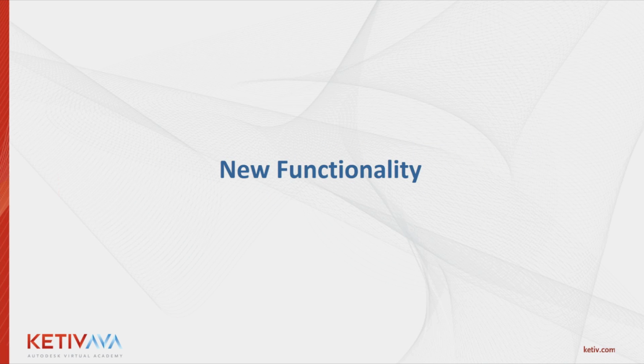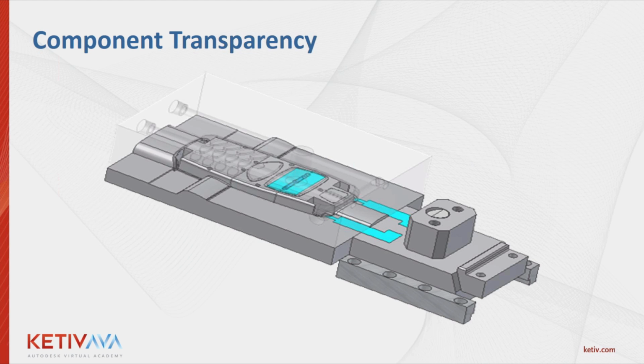The first area we can talk about is new functionality. And this is where Autodesk takes your feedback, your requests, and creates a new feature and adds it to their existing software. For this example, we can go to Inventor. With Inventor 2017, there came a new feature called Component Transparency.